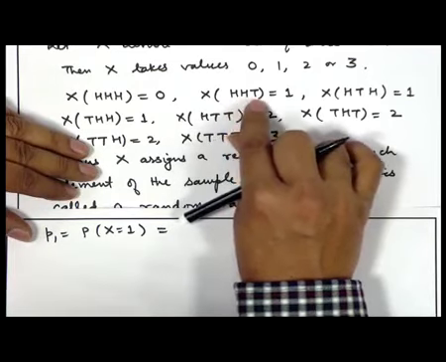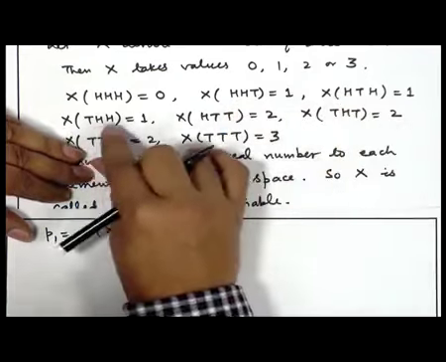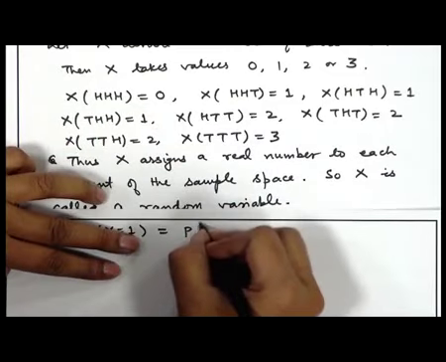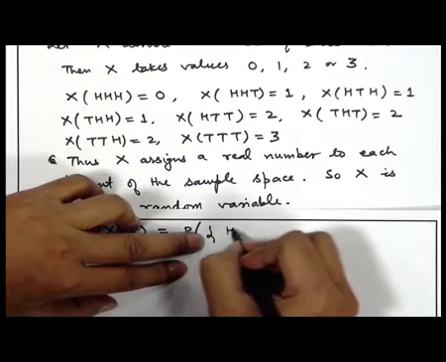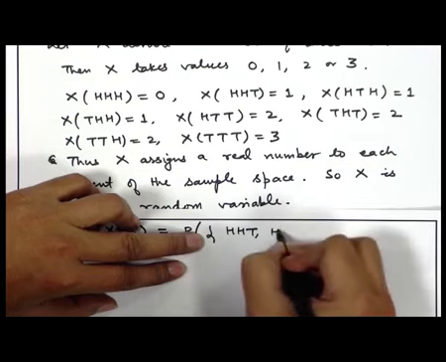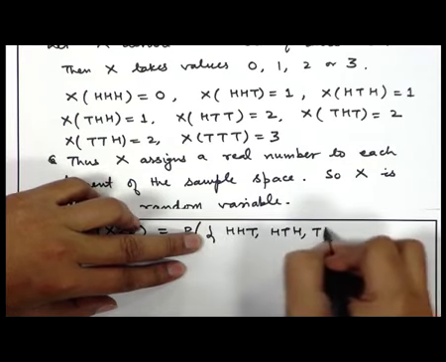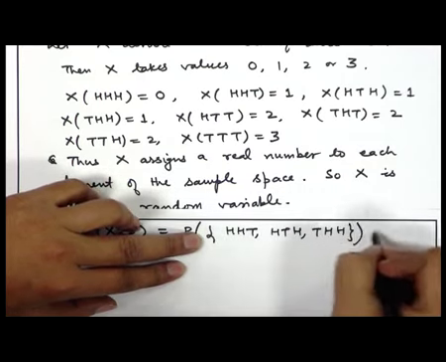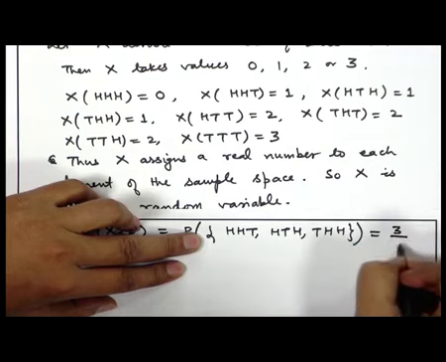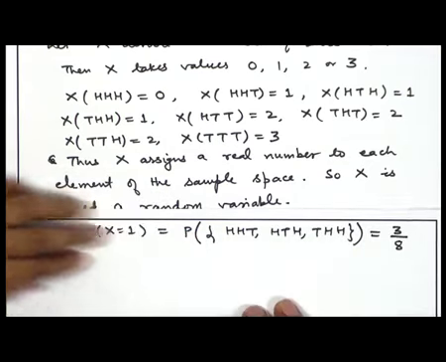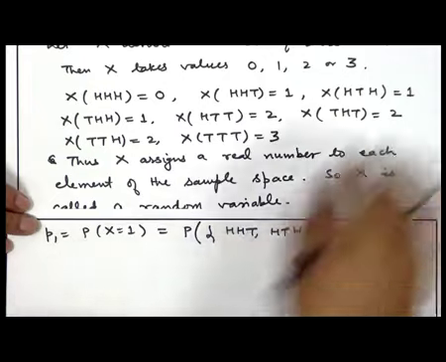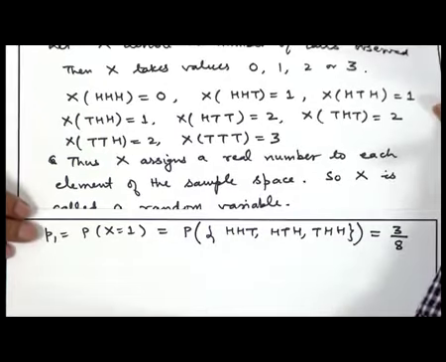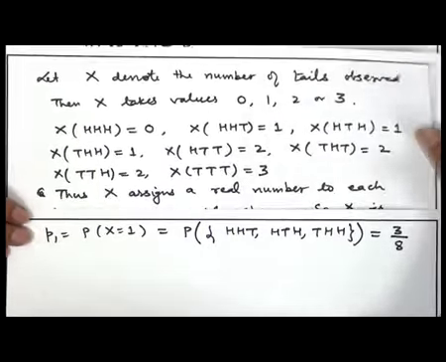So, HHT, HTH and THH. So, this probability is 3 by 8. So, we have calculated the probability of X equal to 1.